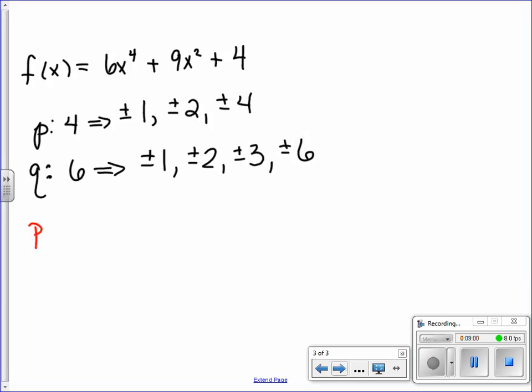So if I'm looking at P over Q, it's going to be 1, 2, and 4. Then 1/2.